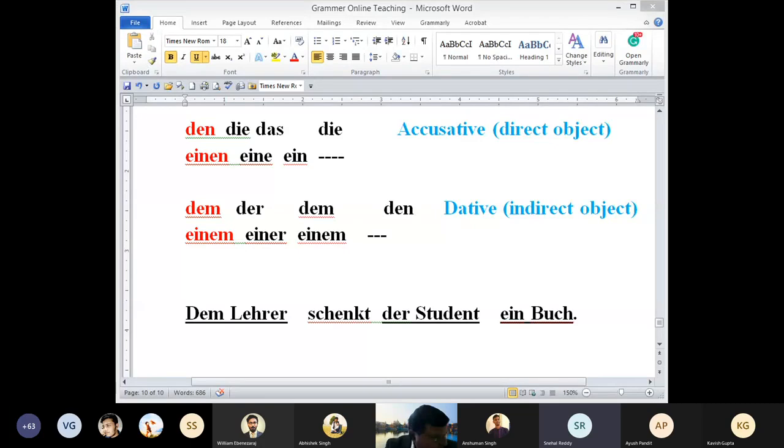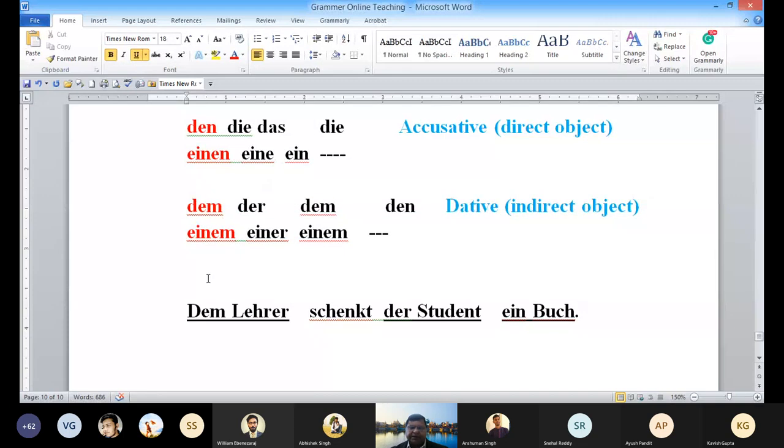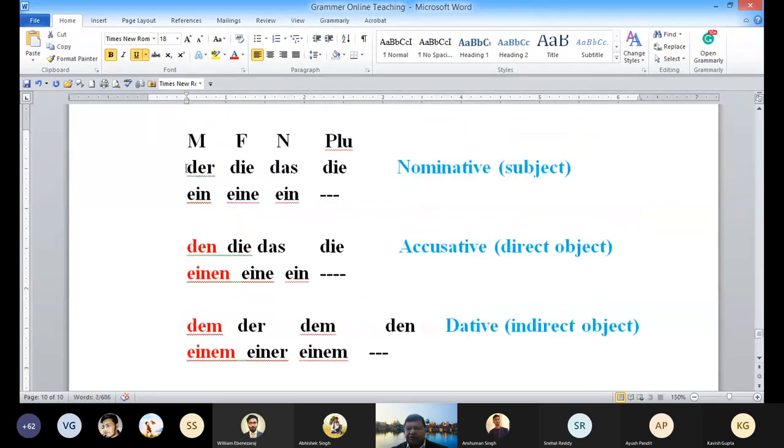I was saying, can you please upload the documents that you're also typing in the class so that we can refer to them later? All right, that I'll be doing, but has anybody got any question about whatever I was trying to explain today? The concept of this subject and object and these article forms, what I have explained. Is it clear to you or do you have any doubt?